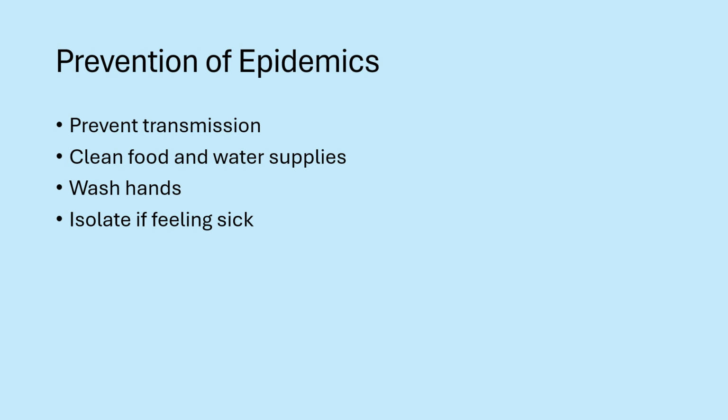So clean water, clean food, wash your hands. And hopefully everyone is doing this anyway. Unfortunately, not everyone does, but make sure that you're washing your hands, especially when there's an outbreak, say a flu or COVID or whatever it is.